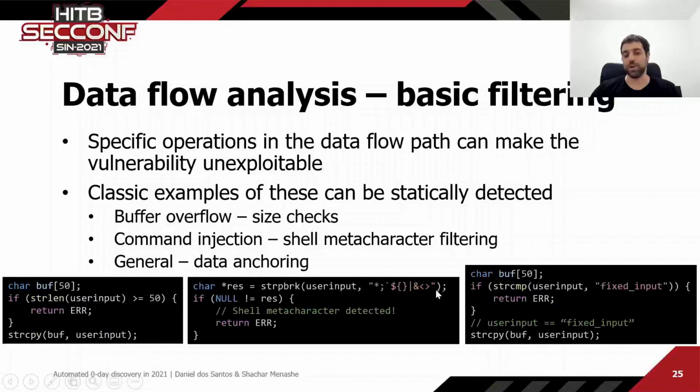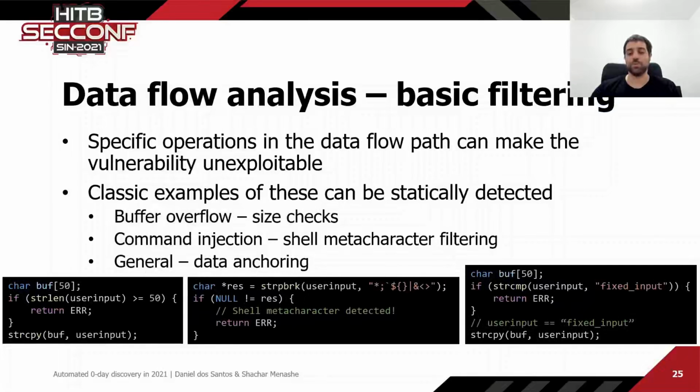And there's also what we like to call data anchoring. So for example, sometimes you have a user input, but actually it's getting checked to be matching to a very specific thing. And after that point, it's not really considered user input. So for example, in the third example here, we can see if the user input is not equal to fixed input, like the string, then it returns an error.